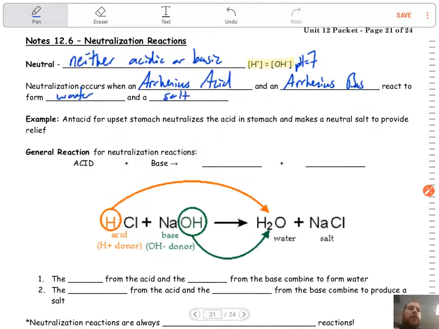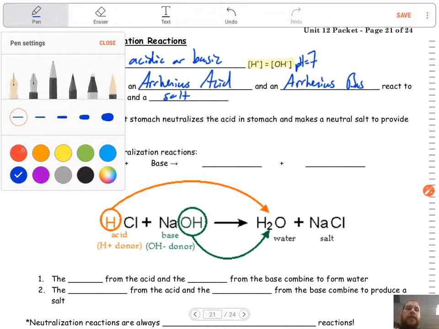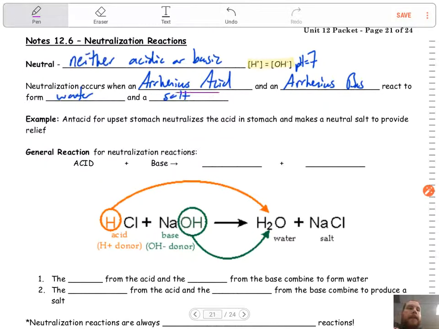First off, a few pieces here we need to take note of. Salt, what does salt mean? I'm going to say it a few times throughout this video. You've got to know what this means. It's any ionic compound. How do I know if it's ionic? It has a metal plus a nonmetal, or you have a polyatomic present in the compound.